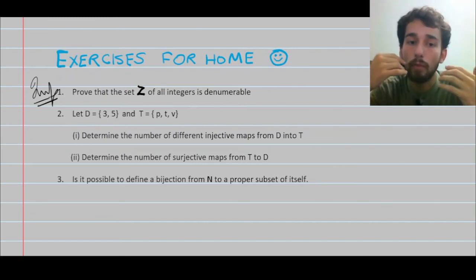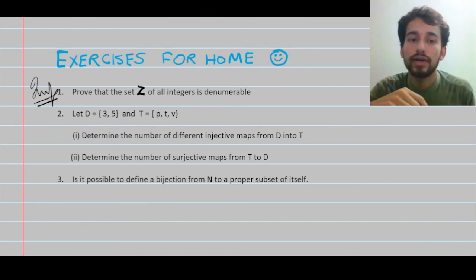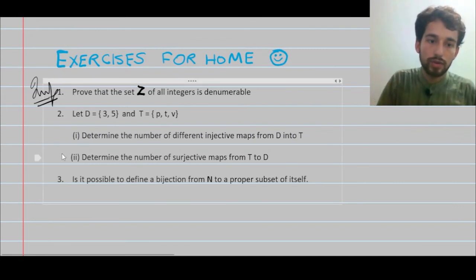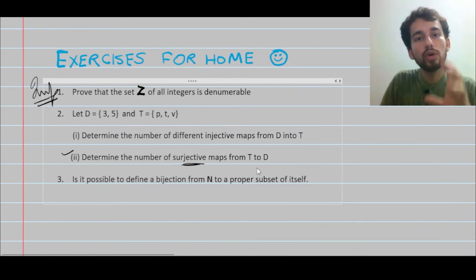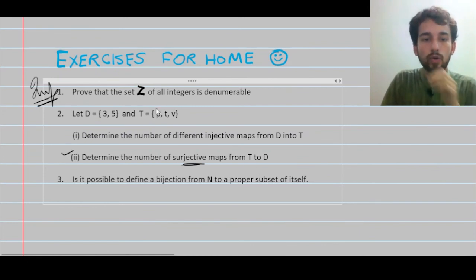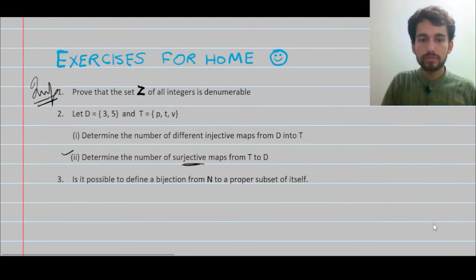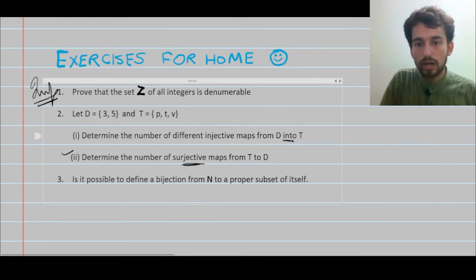How many different one-to-one maps can you define? So try to find this answer. In the second part, you have to answer the number of surjective, or onto, maps from T to D. I have written D into D, it is the same as D to D, so don't get confused by that.